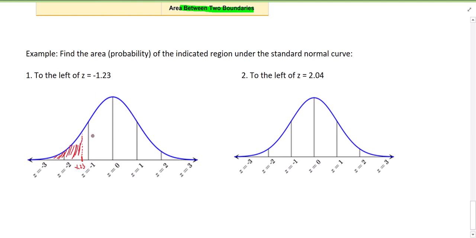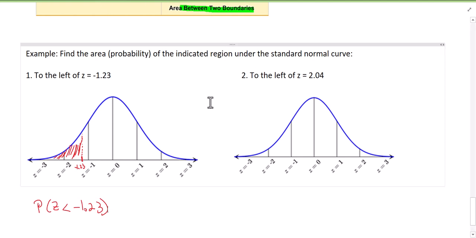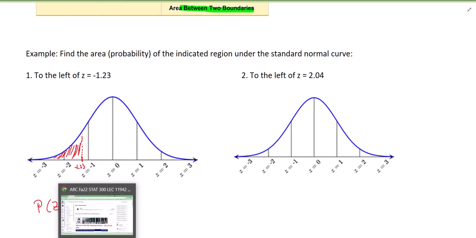We're going to go to the book and find the probability that z is less than negative 1.23. I'm going to use the ebook. If you have the physical copy of the book, then you can do that through the book as well.